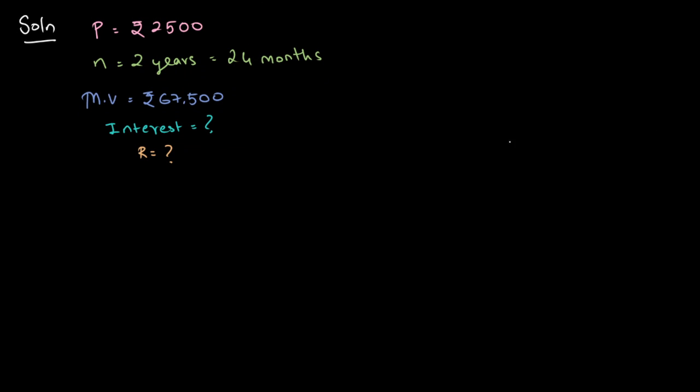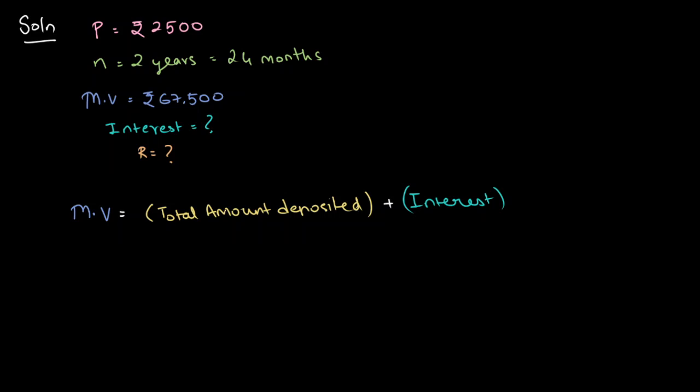Right. So we'll start off by first discussing the maturity value. If you remember, maturity value is nothing but the total amount deposited plus the interest. And that's the formula that we usually use, like it's P into N plus the interest component.